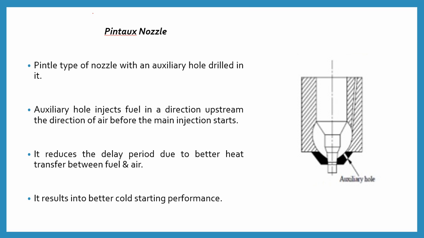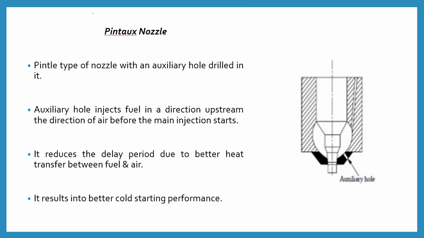Here, if we add an auxiliary hole, drilled into the Pintle nozzle, then the nozzle is called a Pintle nozzle with auxiliary hole. This auxiliary hole injects fuel in the direction of upstream.